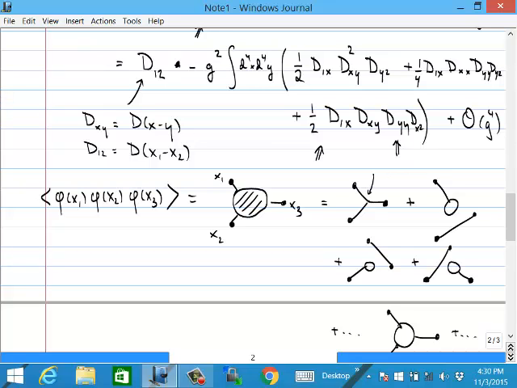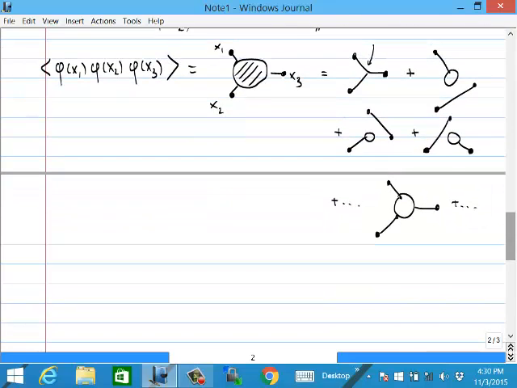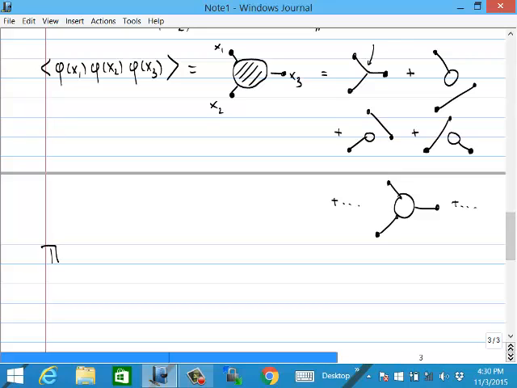And the remarkable thing, and the thing that I really want to emphasize, is that the same procedure works for all sorts of interactions.